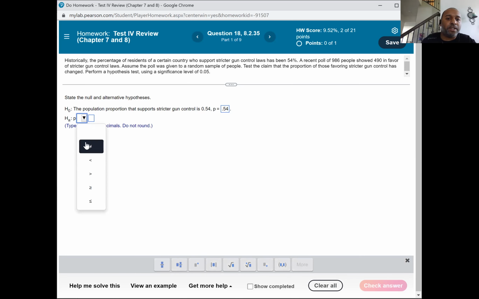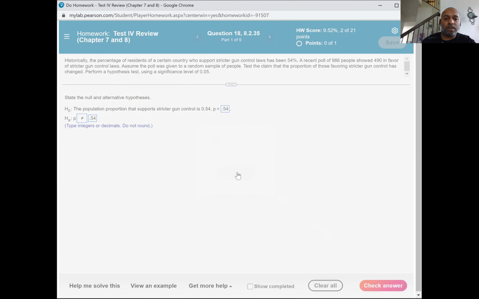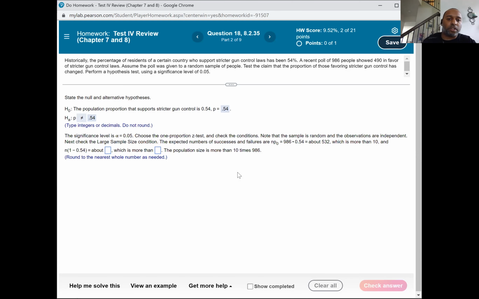So has changed is, in other words, not equal to. If it said less than, then you would use the less than symbol. If it said greater than, we use the greater than symbol. But it says has changed, so it doesn't matter whether it's less than or greater than, we use the not equal to. And then that's 0.54. Remember, both of those should be the same. All right. Questions before we go to the next step?